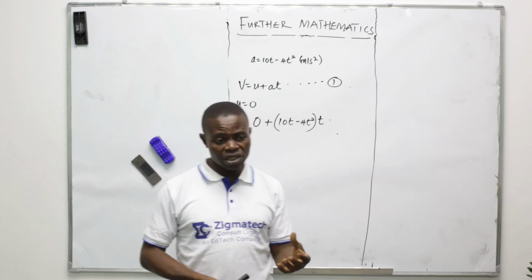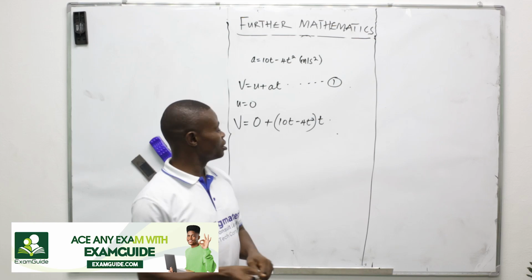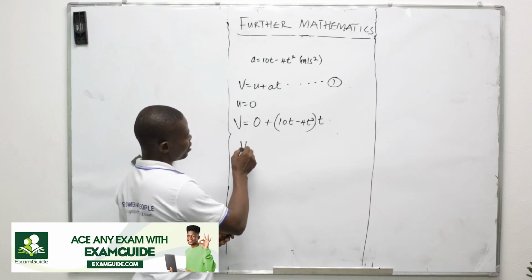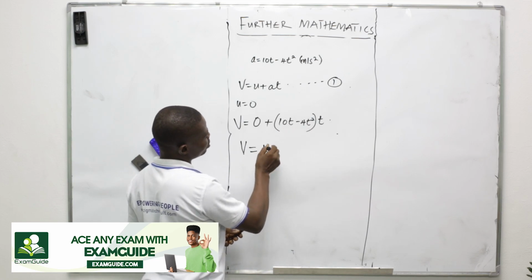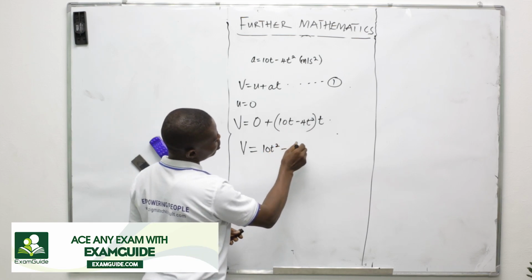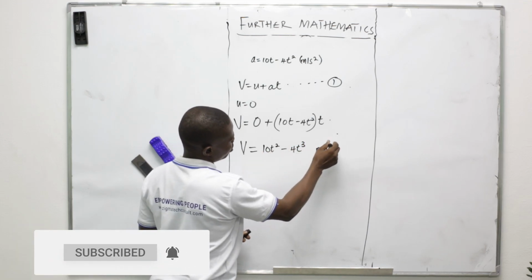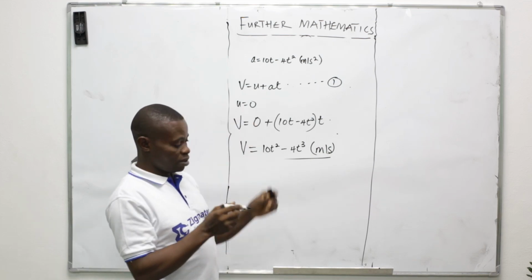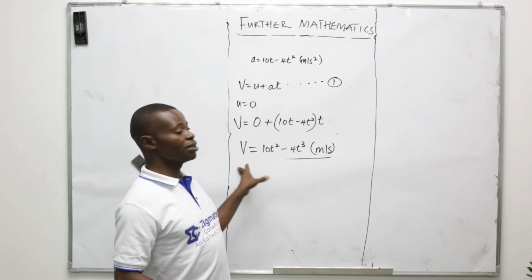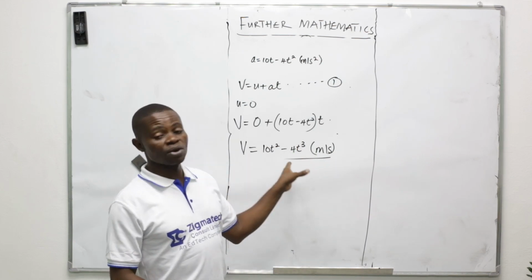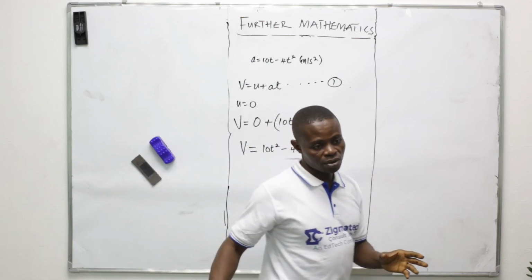This time around, t was the time given to you. Therefore, make use of the t. So that V, final velocity, equals 10t times t is 10t squared minus 4t cubed. Then what is the unit of velocity? Meters per second. I know you are still waiting for a wonderful answer. At this juncture, this is the answer to this question. V equals 10t squared minus 4t cubed.